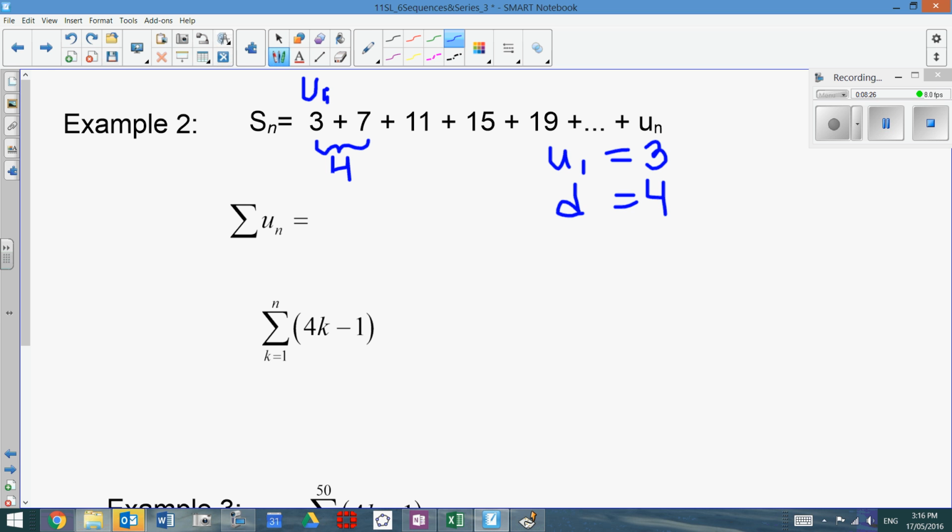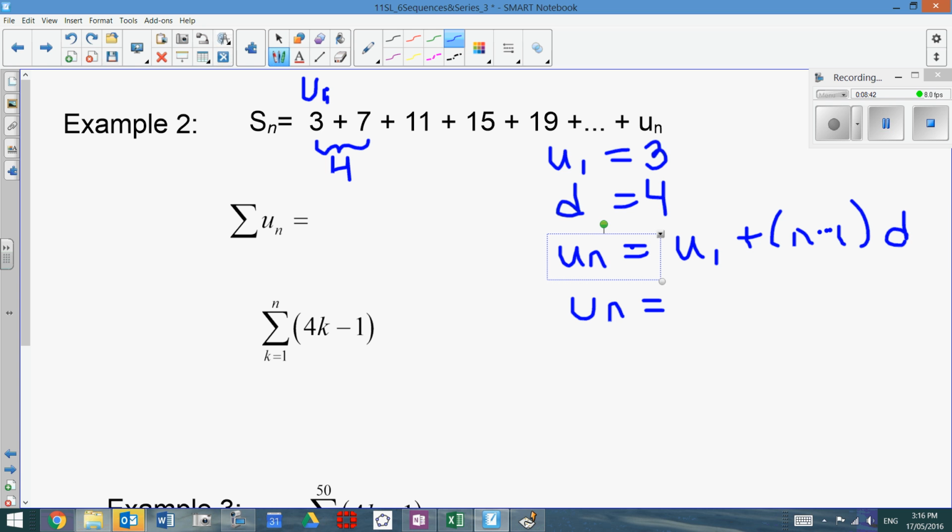So now if we think back to our u sub n formula for a generic sequence, you guys use your first term plus n minus 1 multiplied by your common difference. So for us, that would wind up being, our u sub 1 is 3 plus n minus 1 multiplied by our common difference of 4.